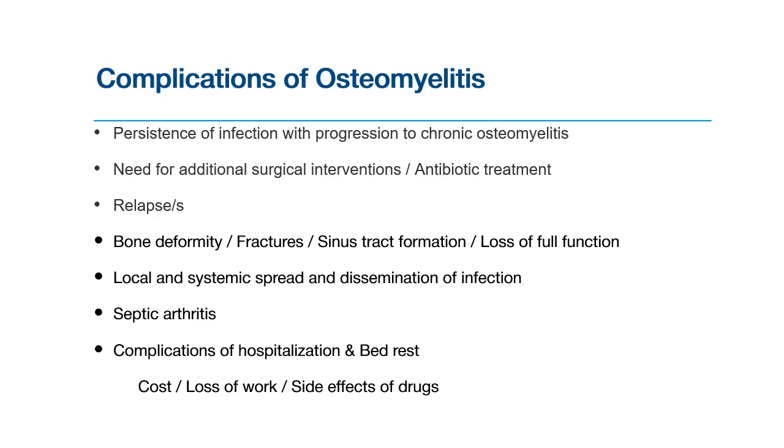Other complications include bone deformity, fracture, sinus tract formation, loss of the full function of the extremity. A bad complication is local and systemic spread and dissemination of the infection. Septic arthritis may be a complication, mainly of prosthetic joint infection.